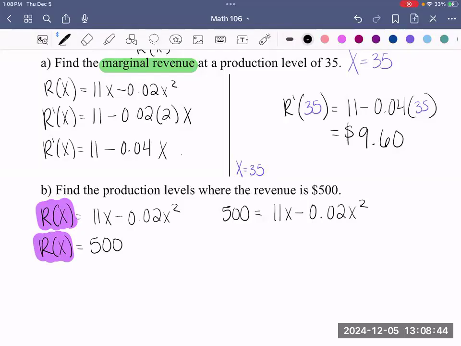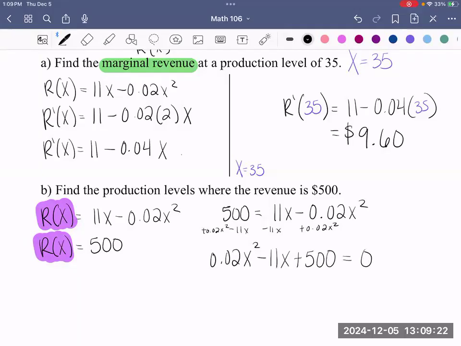Have we seen something like this in the past? Absolutely. And notice that we have a negative quadratic. So let's make everything go onto one side. So we have 0.02 X squared minus 11X plus 500 is equal to 0.